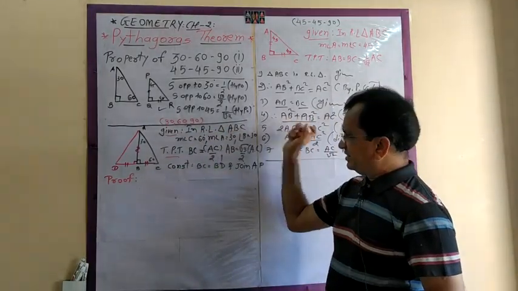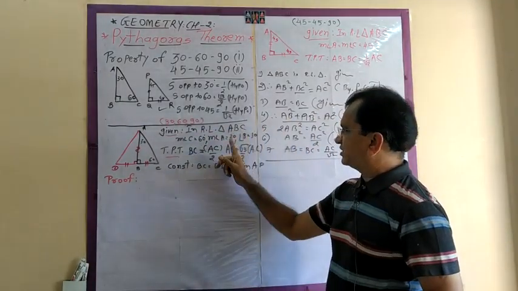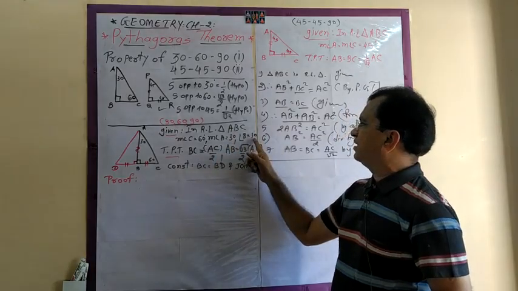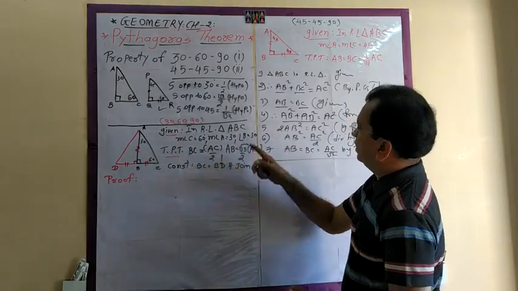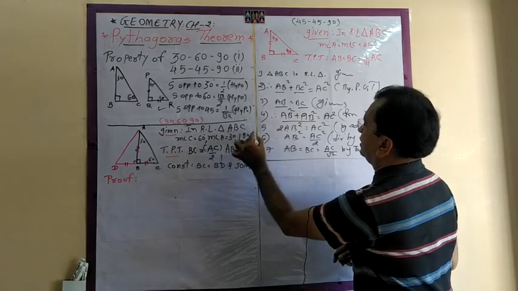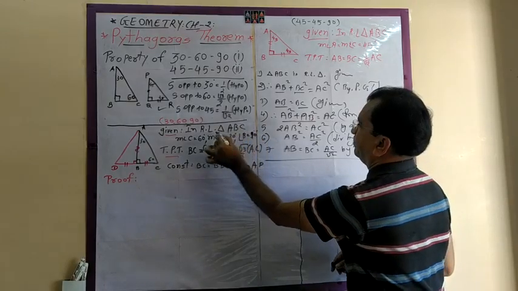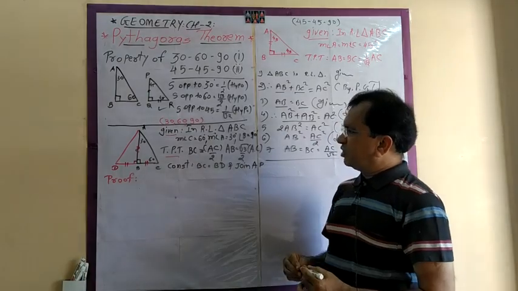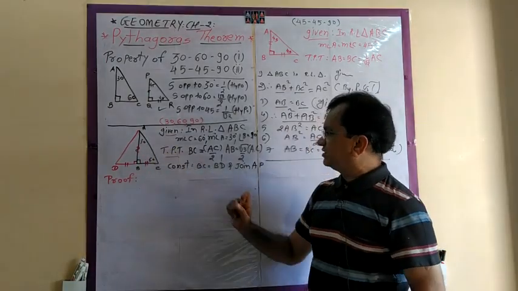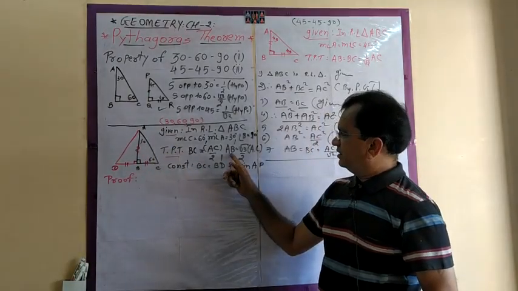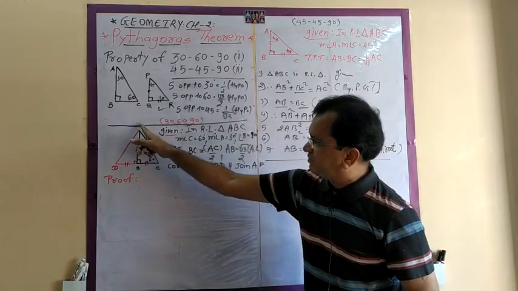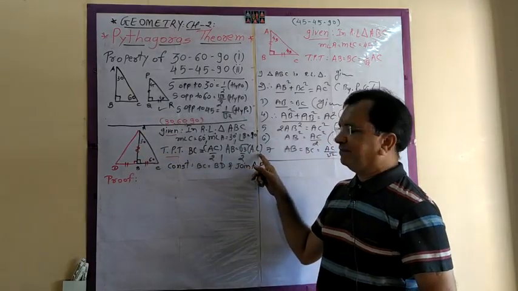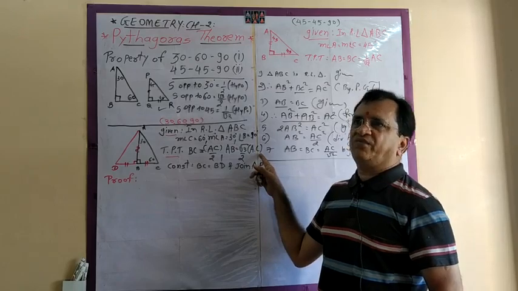Right angle triangle ABC is given, angle C 60 given, angle A 30 given, angle B is 90, it is given. What to prove? BC means opposite to 30 is half of AC. What to prove second? Opposite to 60 means AB is root 3 by 2 time of hypotenuse, means AC.